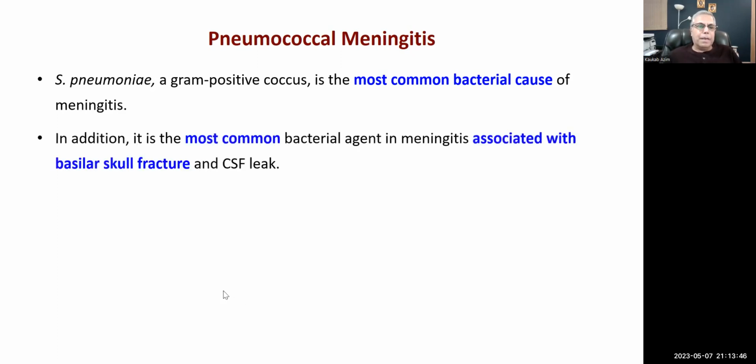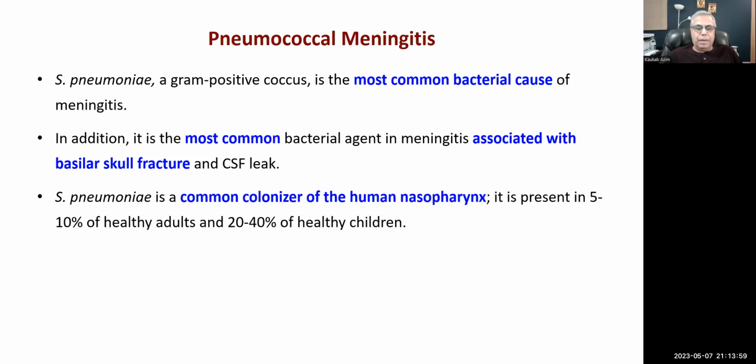Okay. In addition, it is the most common bacterial agent in meningitis associated with basilar skull fracture and CSF leak. Okay. And when there is basal skull fracture, sometimes the CSF can be seen flowing out of the nose, okay, out of the nares.